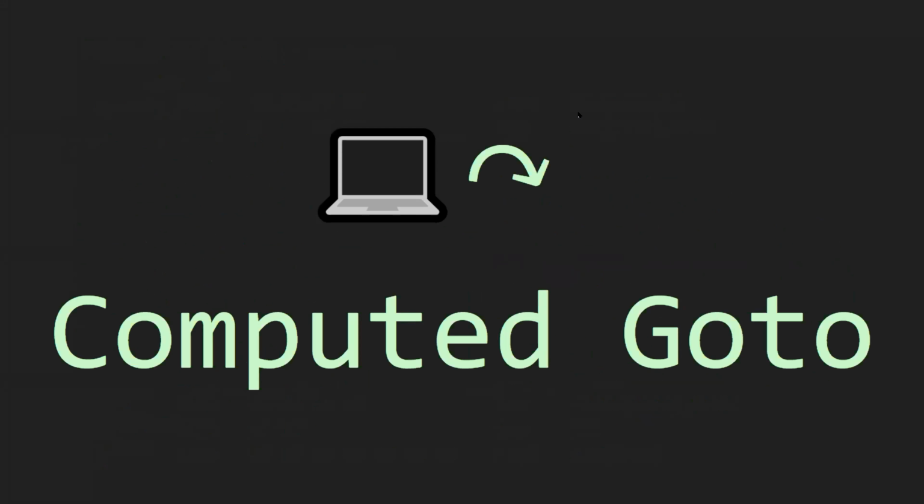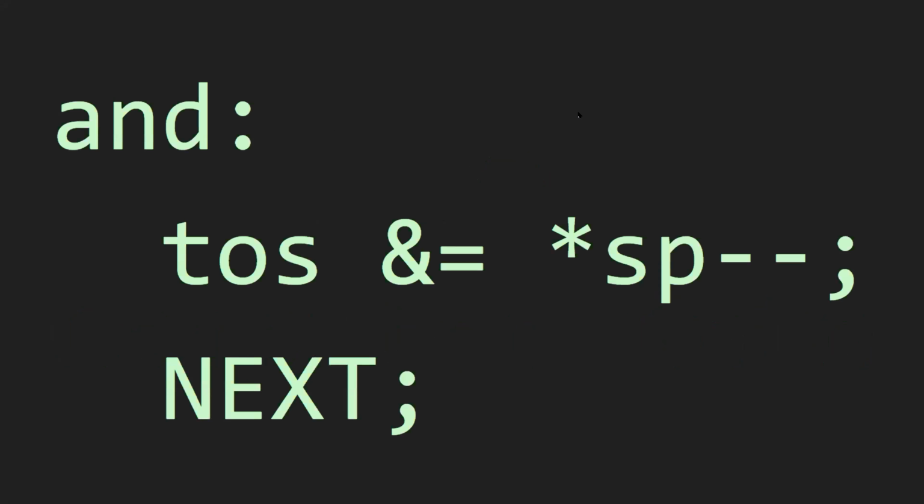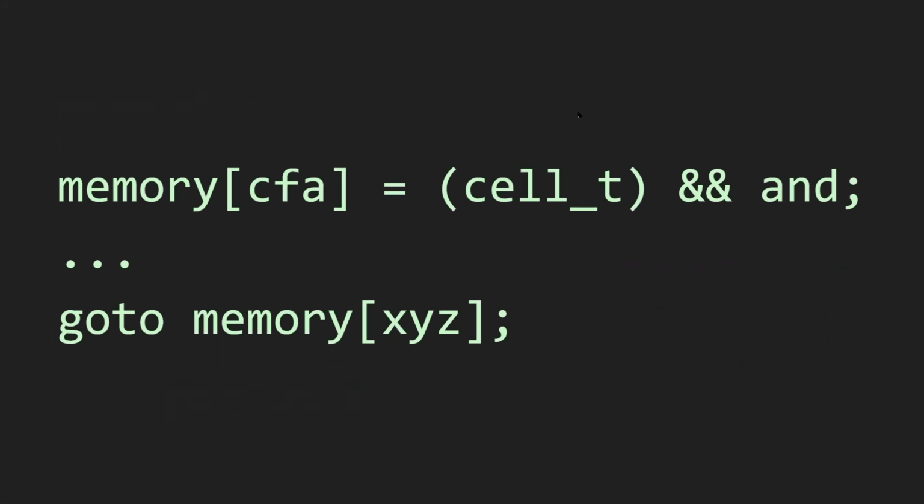Another technique that's highly useful here is to use computed gotos. The idea is that this is not technically ANSI C, but it is present in Clang, it's present in GCC. If you have a label in your C code, you have a certain spot, you can get an address to it. A double ampersand will give you the address of that label.